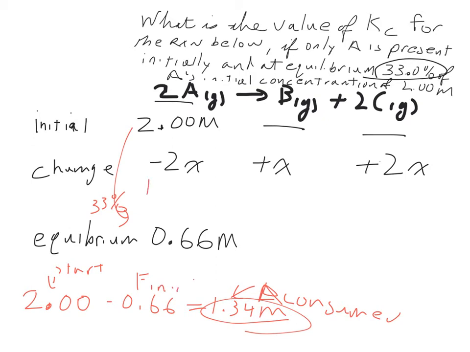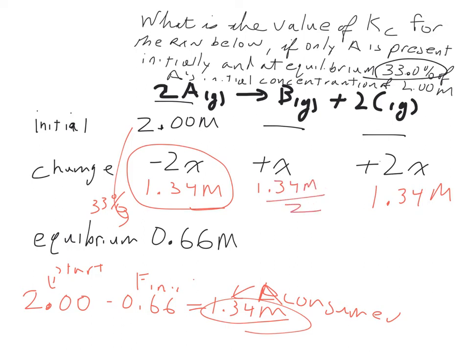That means my change was 1.34 molar. That also means that my 2x has to be equal to 1.34 molar. So if I consumed 1.34 molar of A, then I produced 1.34 molar of C, and then I produced half that much of B, or 0.67 moles.